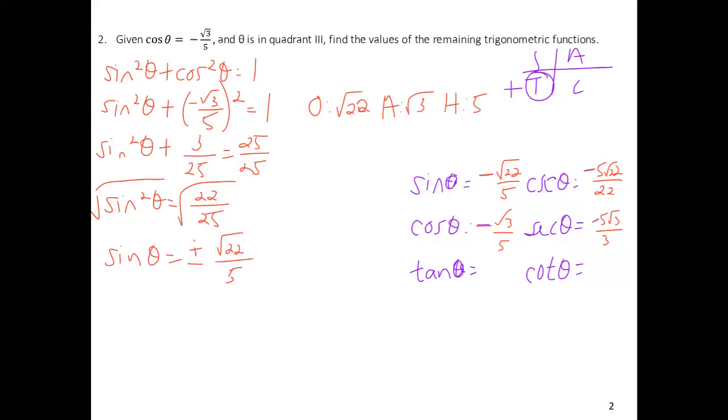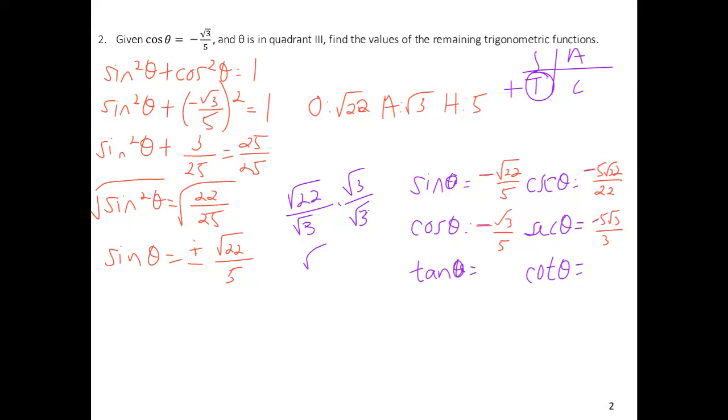So now something interesting that happens here is when we write tangent, we get root 22 for the opposite over root 3 for the adjacent. So this one I will rationalize because it works out a little bit differently than the other ones. When we multiply by the denominator, top and bottom, remember that under the radical, you can multiply the numbers together.